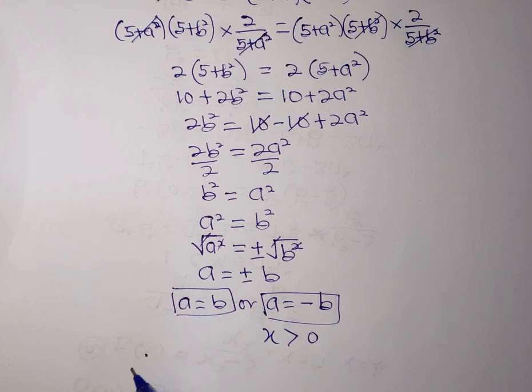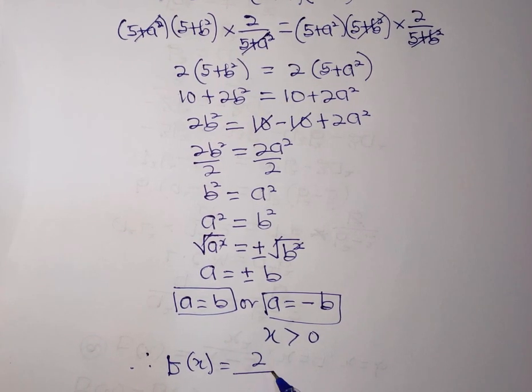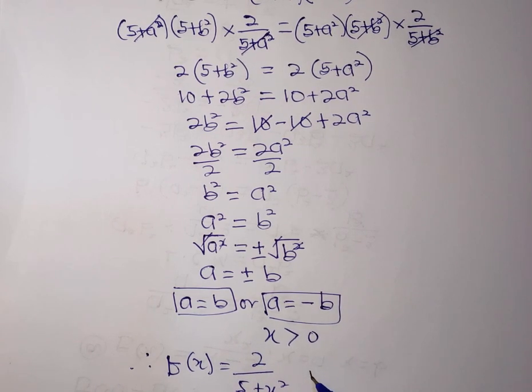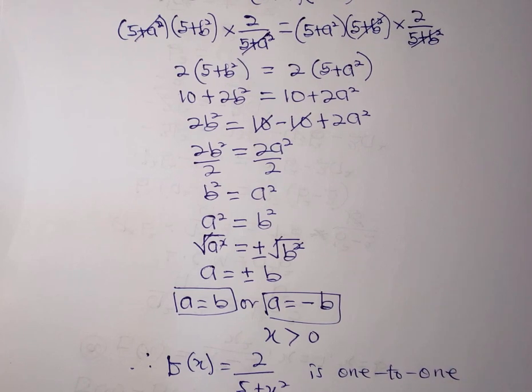Then we can conclude that the function f of x is equal to 2 times the expression 5 plus x squared is 1 to 1. So take note of the two examples. The first one we got the same answers, the second one we have gotten the same answers, but they have different conclusions.